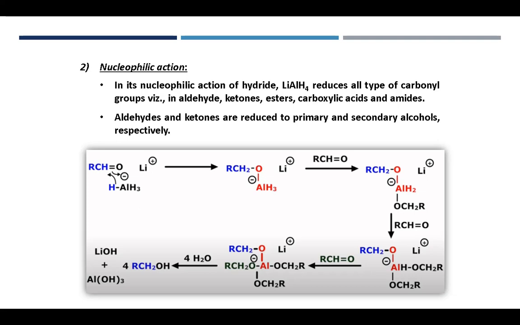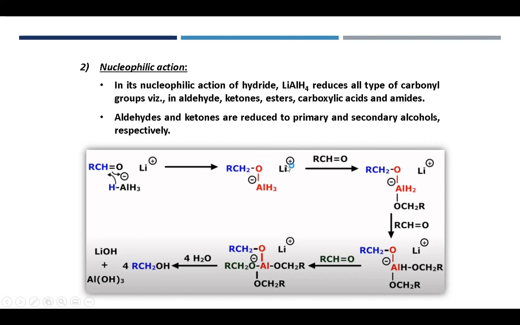If you try to understand the mechanism of reduction by lithium aluminium hydride, you can clearly see here that from AlH4-, the hydrogen will be transferred as H- to the carbonyl carbon, and as a result, we have this alkoxide attached to aluminium.